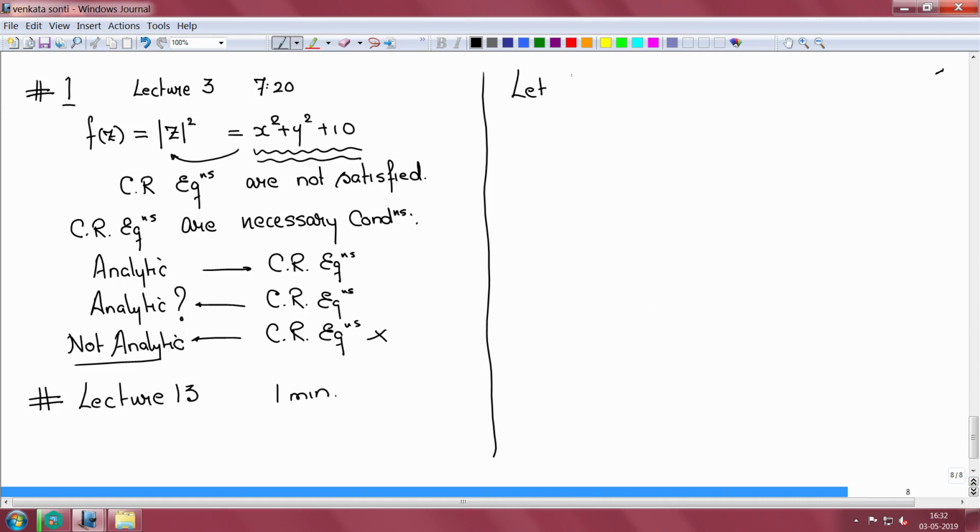Let two functions P and Q be analytic at a point z0.